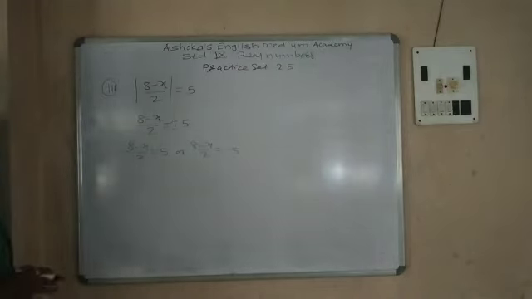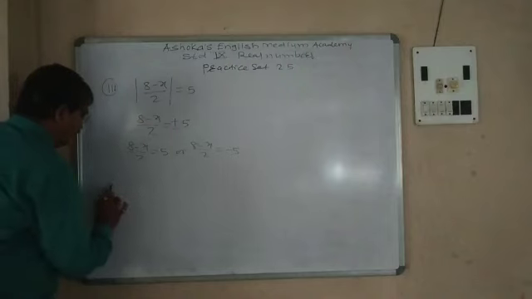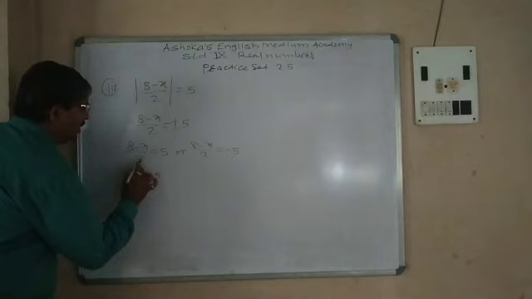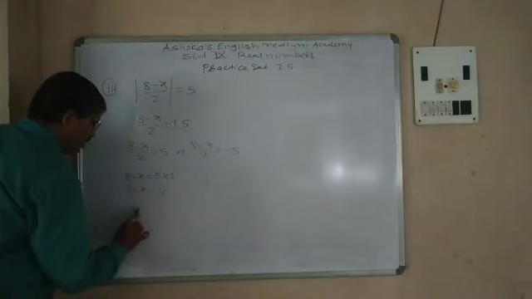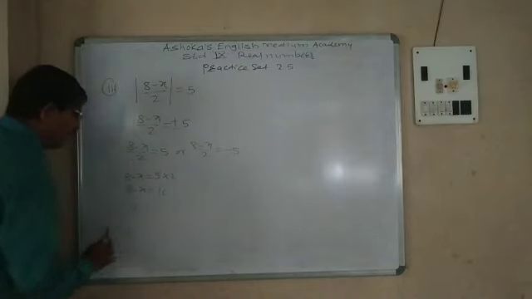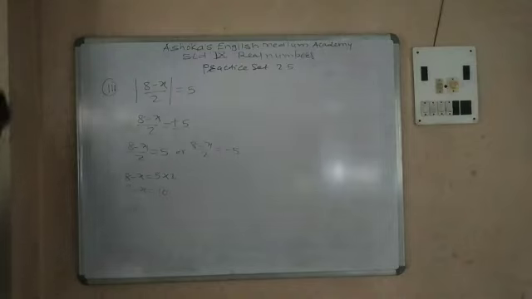We'll solve one side first. With the plus sign, 8 minus x is equal to 10.